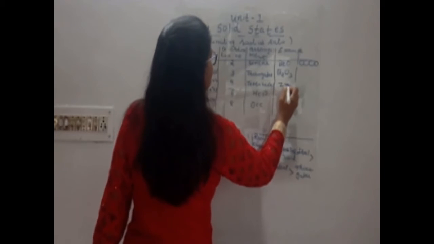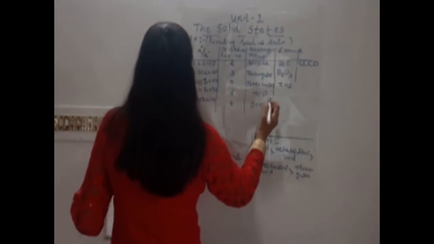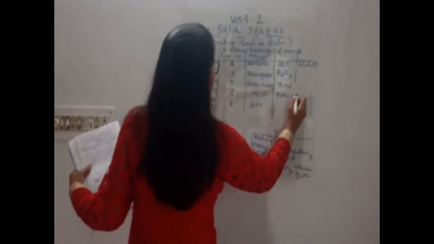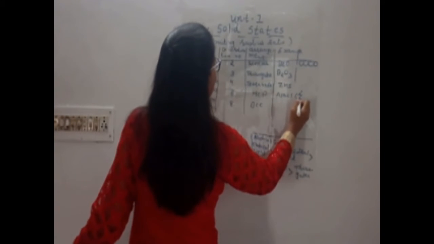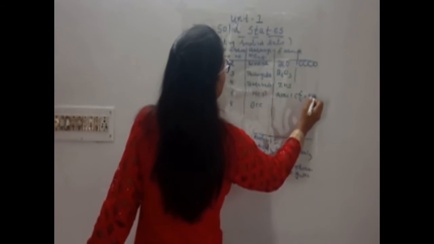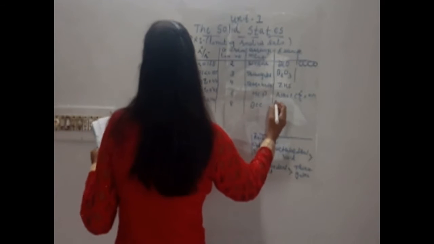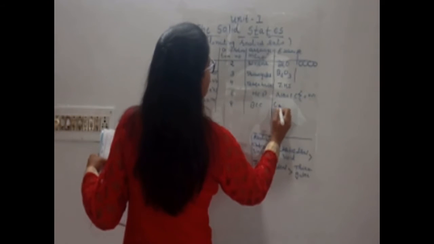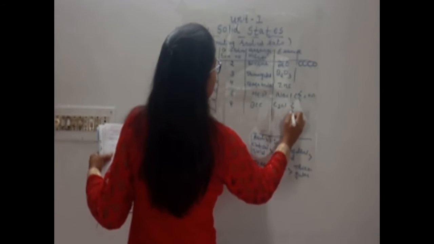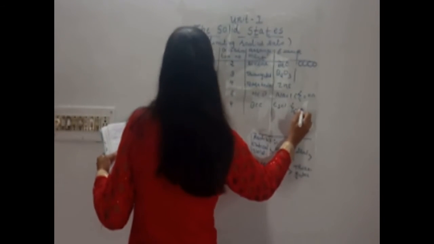Your example is zinc blende for coordination number 4. For the coordination number 6, the very good example is sodium chloride, where the ratio of R plus and R minus is equal to 0.52. For BCC, the very good example is cesium chloride and the ratio of R plus and R minus is equal to 0.93. Student, write down this table in your notebook.